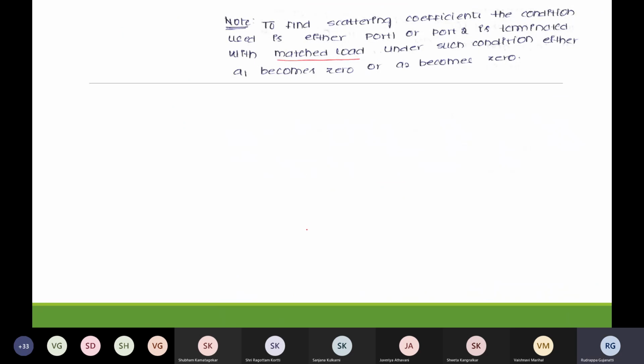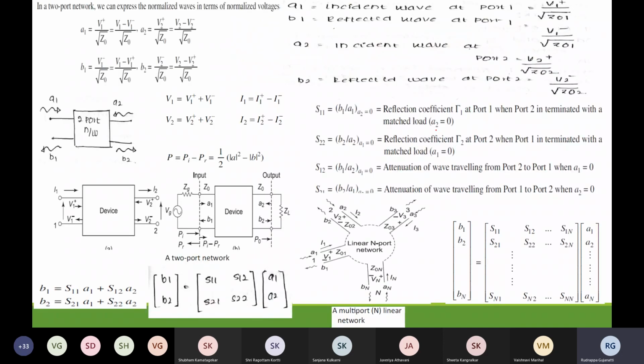One note we have to look out for is that when we find the scattering matrix coefficients, that is S11, S12, and so on, we terminate either port 1 or port 2 with a matched load. Under such a condition, either A1 becomes 0 or A2 becomes 0. That is what we specified here.